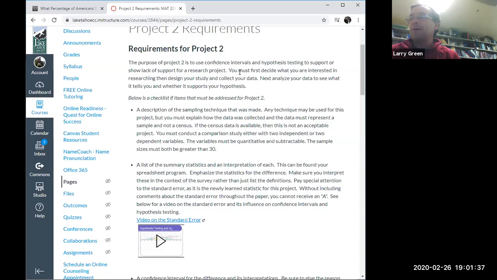We have lost a few people, and that usually happens with online students. They don't realize that this class takes a lot of time, which it does, and then they drop. But we still have a group, so make sure you check that you have a partner. And if you don't, then post in the Project 2 discussion forum saying, hey, I need a partner. Okay? All right, so step 1 is do the hypothesis, write down your null and alternative hypothesis.